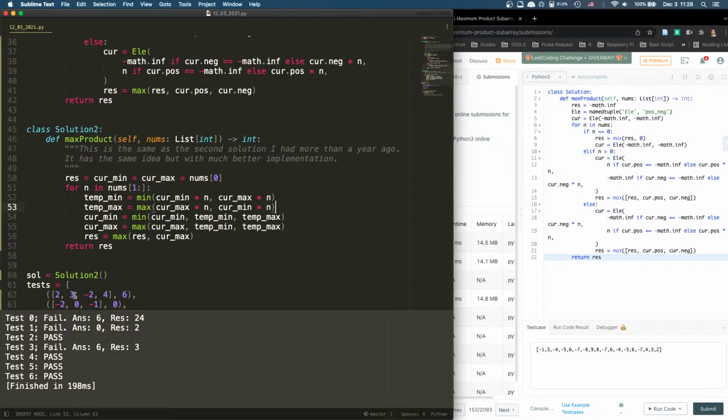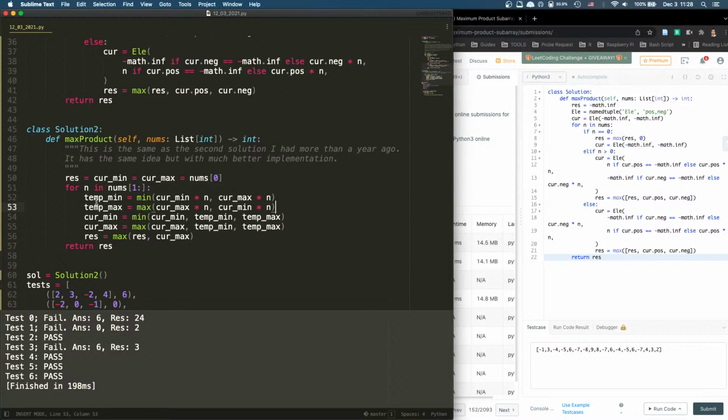And when the current min is 6, current max is also 6. They're both 6. Now coming in here, oh, current max at this position is what? It's not 6. Right? Current min is minus 12, but current max is minus 2. Right? Ah, I see. That's the problem.